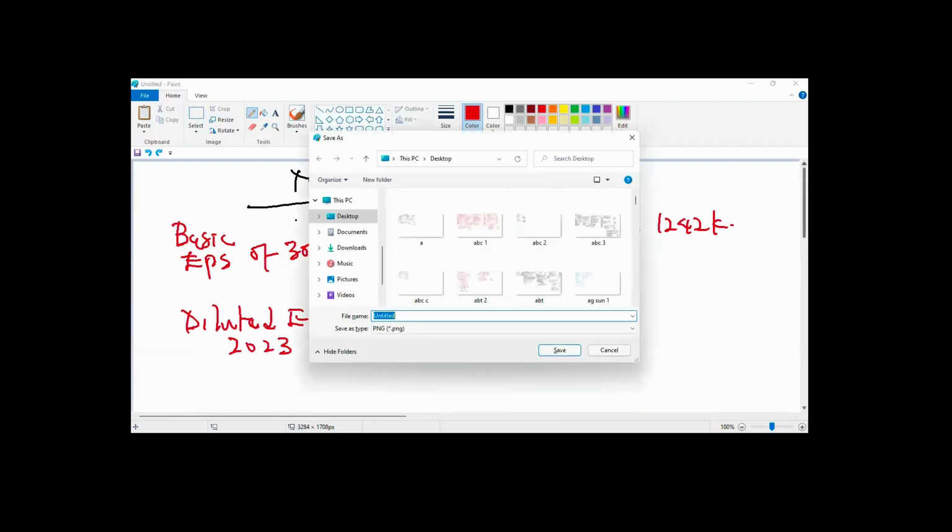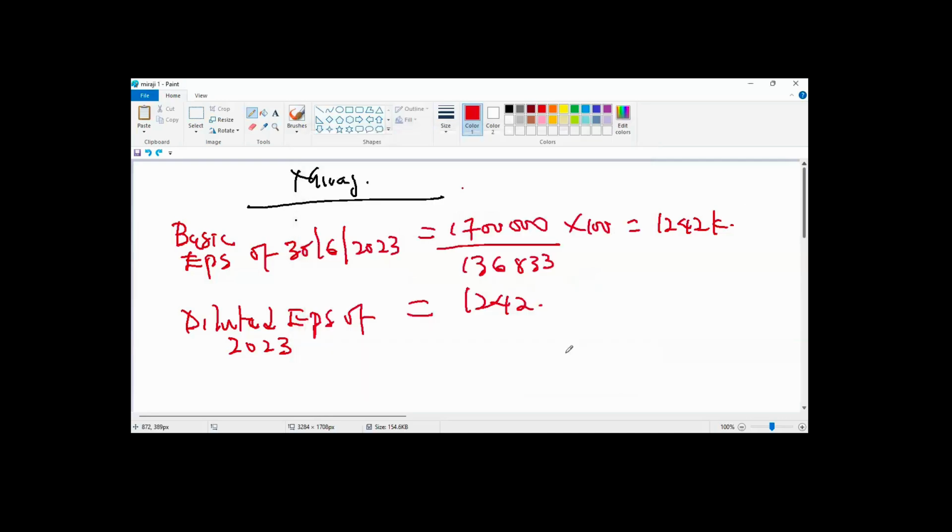And if it is lower than this, I will include it, but it's not.